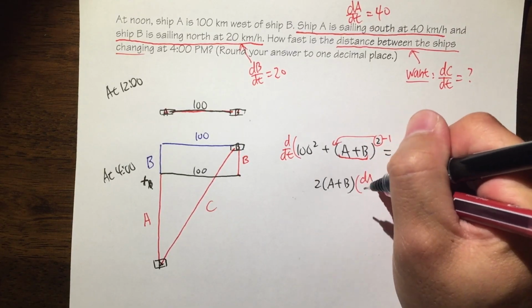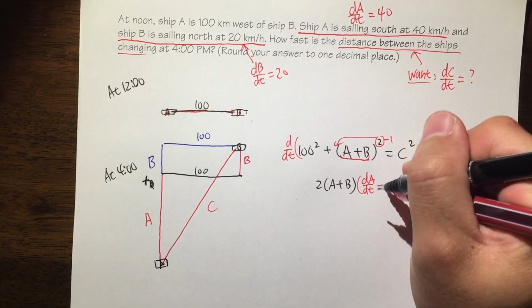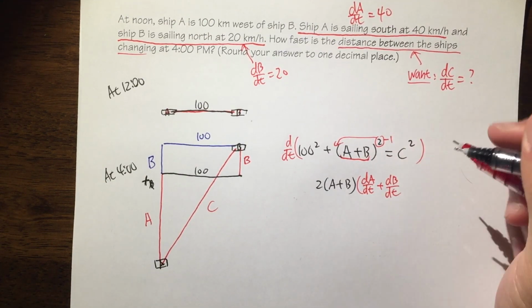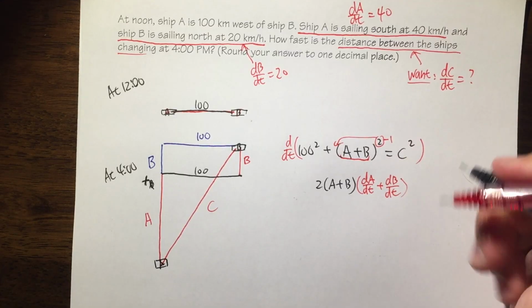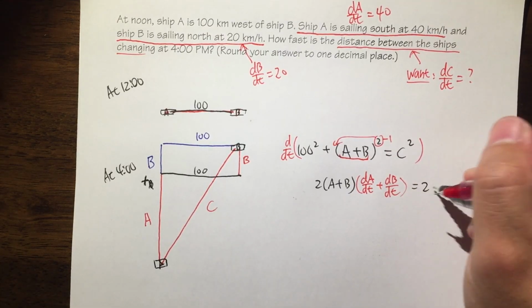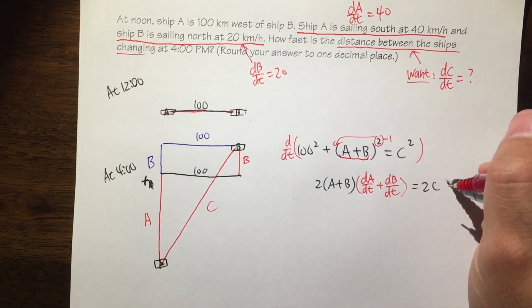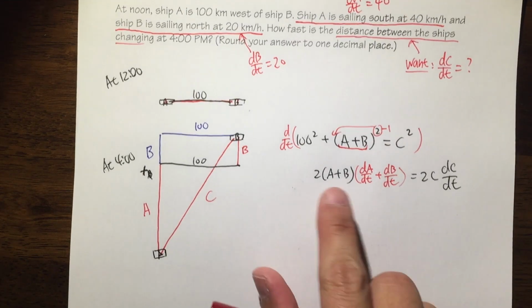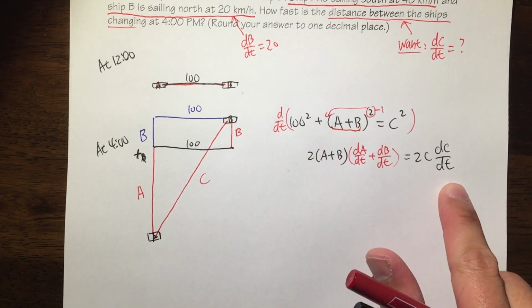The derivative of A is dA/dt, and then we add the derivative of B, which is dB/dt. On the right hand side, we bring the 2 to the front, and then we have C times dC/dt, like this. So this is our rate equation.